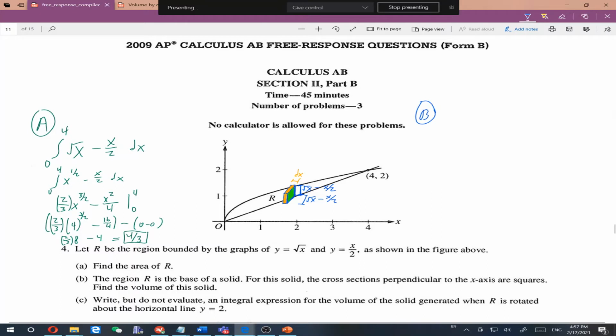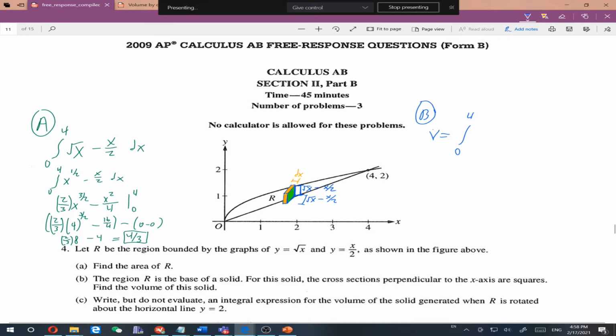We're not spinning around an axis of rotation, so we don't need this method. We're not getting the area of R; we got that in part A. We're stacking cross sections on top of region R, so we're looking for a volume V.